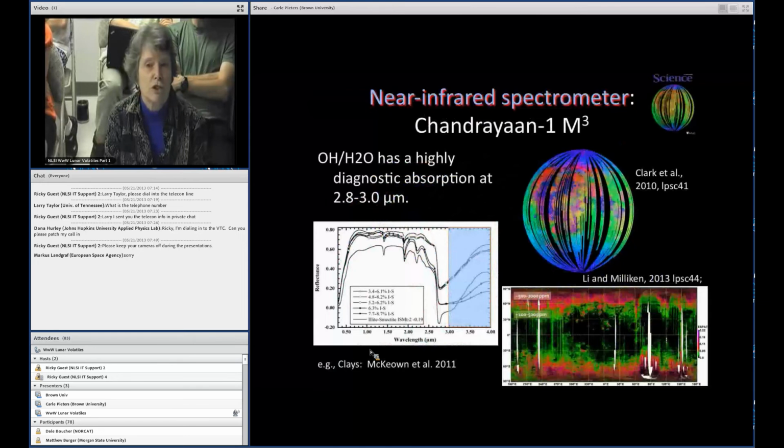You also have overtones at shorter wavelengths, which of course we don't see on the moon, but there's a fundamental absorption between 2.8 and 3 microns, which is what's being detected by M-cube.